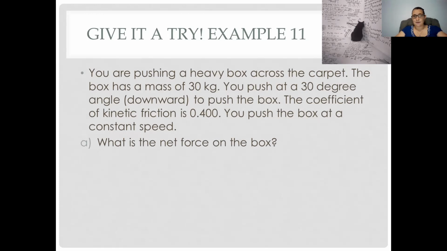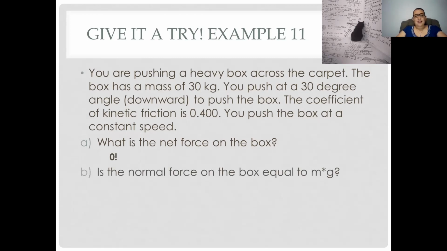Constant speed. If we're pushing it with a constant velocity in one direction, well, that means there's no change in its motion. There's no acceleration. So the net force is 0 in both directions.